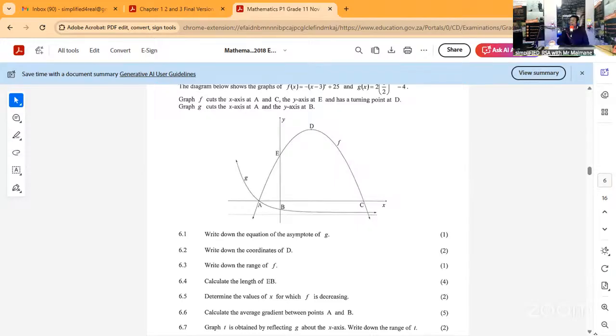We know what point A is, right? We know what point B is, right?